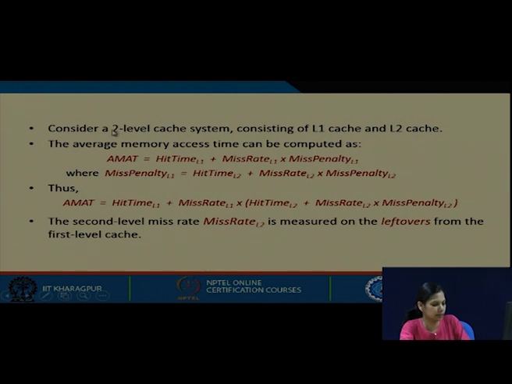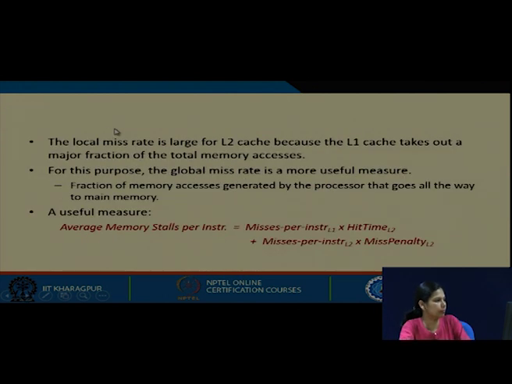So, consider that the local miss rate is large for the L2 cache, because the L1 cache takes out a major fraction of the total memory accesses, and we are separately calculating. For this purpose, the global miss rate is the more useful measure. So, we generally use the global miss rate: the fraction of memory accesses generated by the processor that goes all the way to main memory.